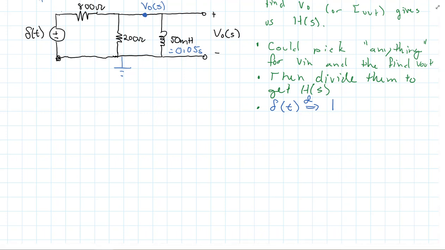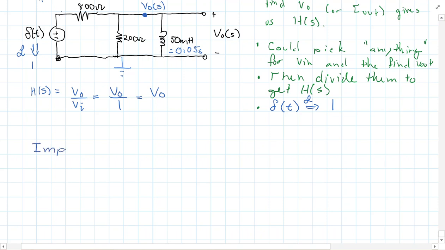Our discussion says that this goes, through a Laplace transform, to 1. And so H at S, as we said, is simply V out over V in, but this would just be V out over 1, which is simply V out. This is also referred to as the impulse response.